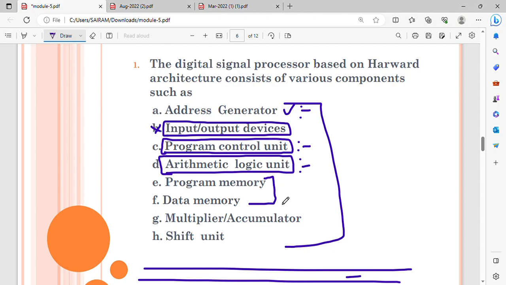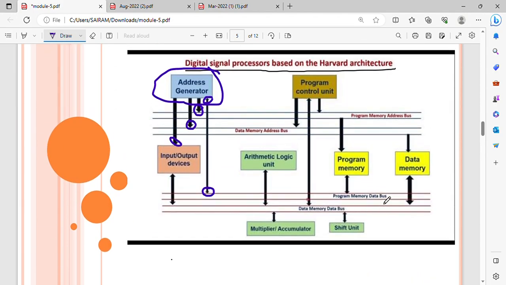To accommodate that program and data memory, there is a presence of the program memory address bus, the data memory address bus, and the program memory data bus and data memory data bus. You need to tell that. So there is a separate program and data memory with respect to the Harvard architecture, and to accommodate that you have a program memory address bus and data memory address bus, and a program memory data bus and data memory data bus are present.